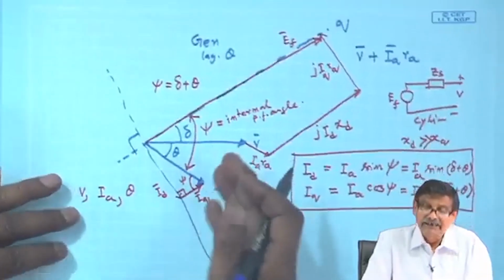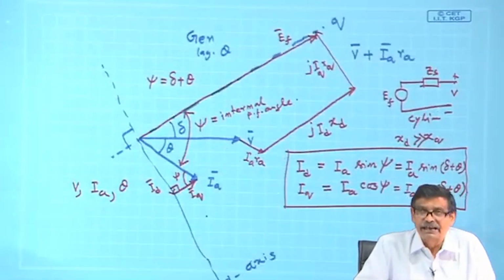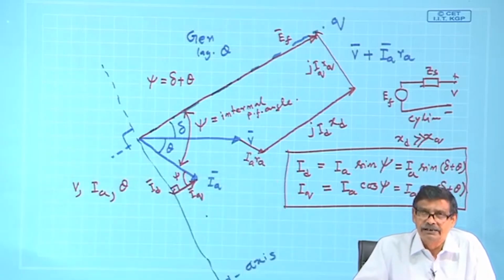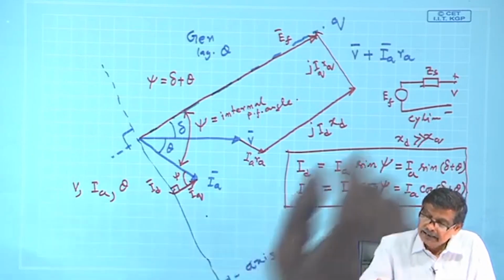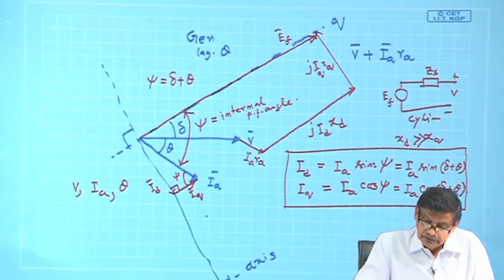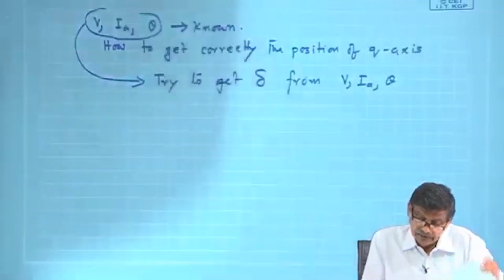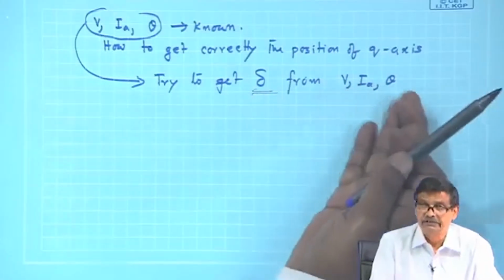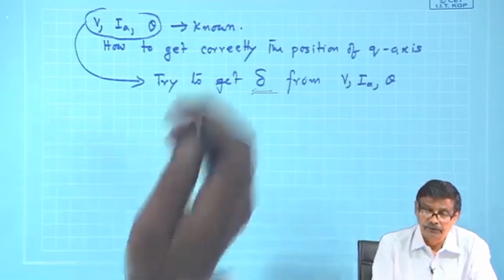Unfortunately, in a synchronous machine, you cannot connect an ammeter to record I D and I Q. It is totally conceptual. In our mind, it exists. What is there? Which current is flowing in the line? It is I A, and that can be measured. I can measure the terminal voltage, I can measure the power it is delivering. Therefore, it will be necessary to know delta first from this knowledge. That is what I am going to do now.